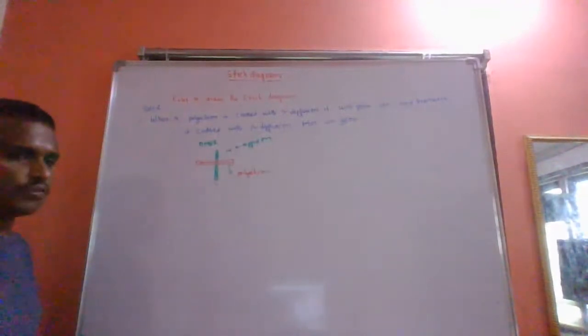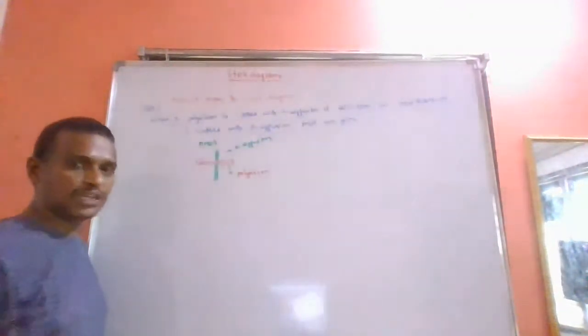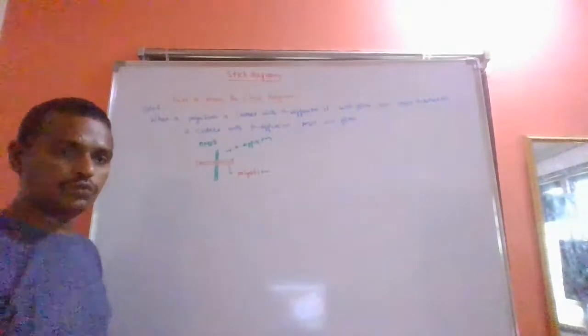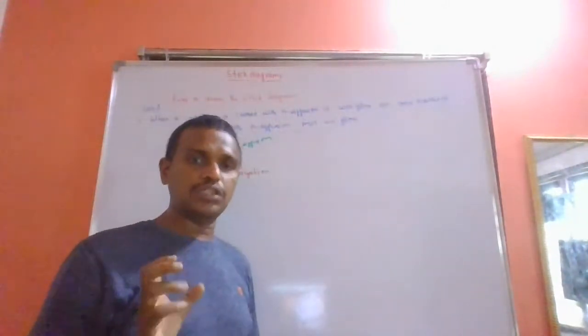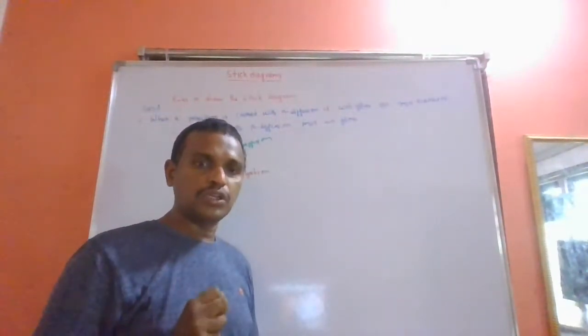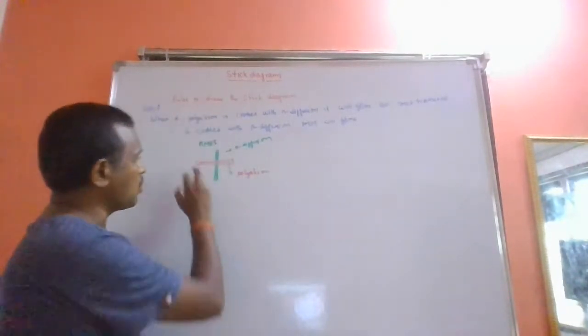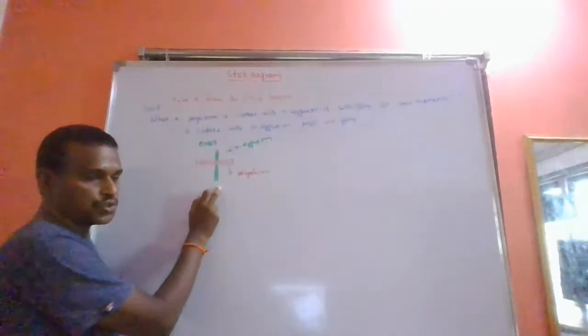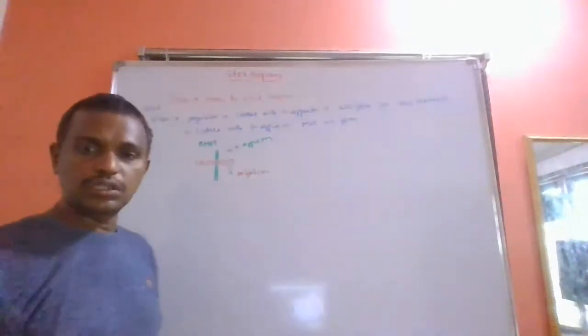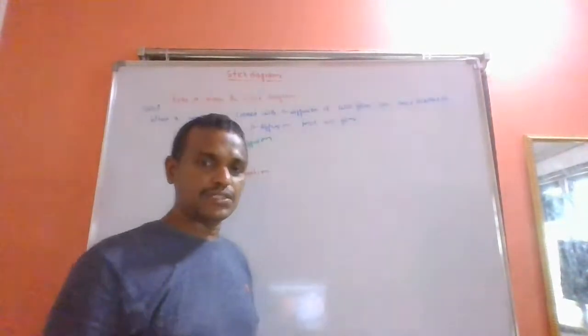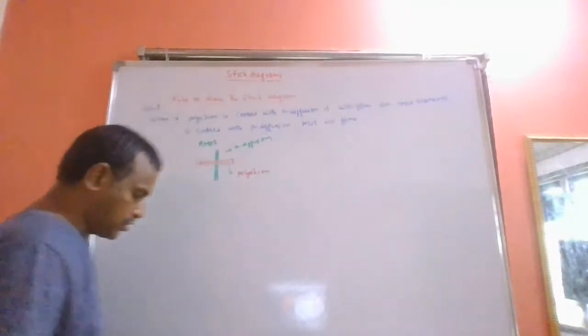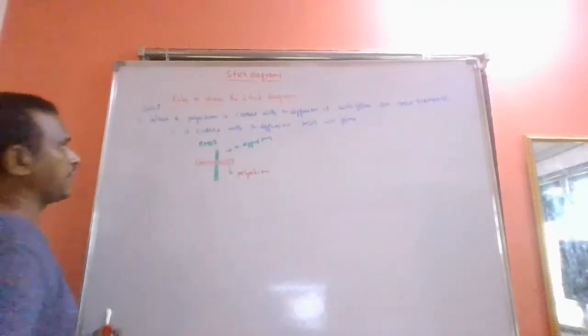So this is the formation of the NMOS enhancement transistor. Similarly, we can also form the stick diagram for the PMOS. How can you form the PMOS? A polysilicon is crossed with the P diffusion, so then it forms the PMOS transistor. Now we have the second rule.